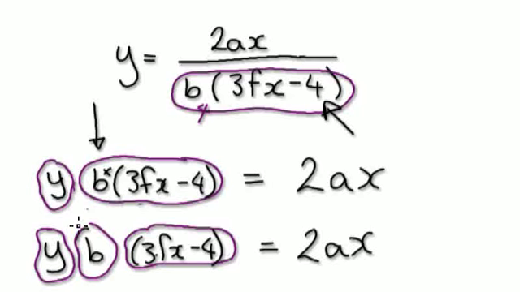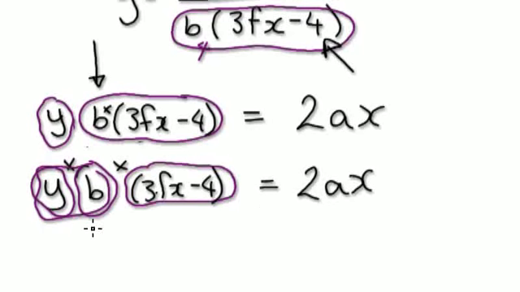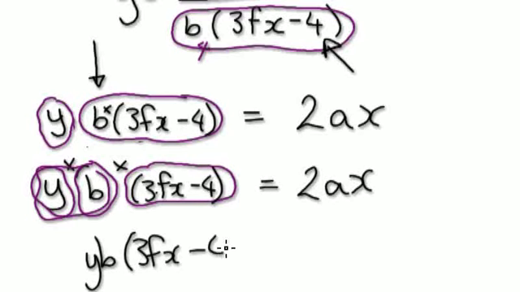Now at the moment I've got y times b times whatever, times the bubble there. So I can merge the y and the b together. Can you see that? So I can merge it as yb bracket 3fx minus 4. I can merge the two together.